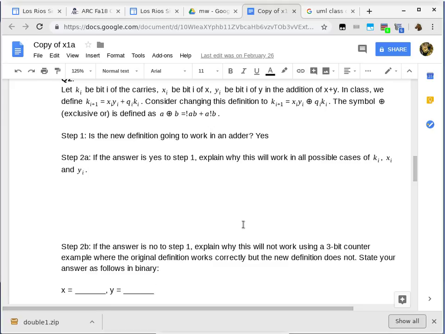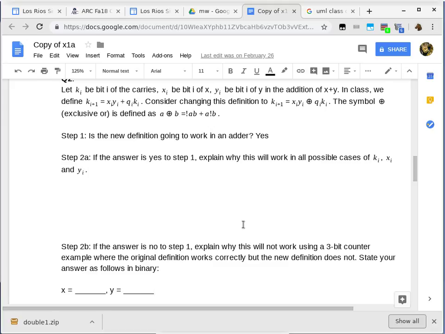The partial sum of x_i, y_i, which is the exclusive or between x_i, y_i. So that means if x_i, y_i are both 1s, so that this conjunction itself is a 1, q_i is guaranteed to be a 0. If q_i is guaranteed a 0, then it doesn't really matter what k_i is, because the other conjunction is guaranteed to be a 0. What about the other way around? If q_i k_i is a 1, can x_i y_i be a 1 also?